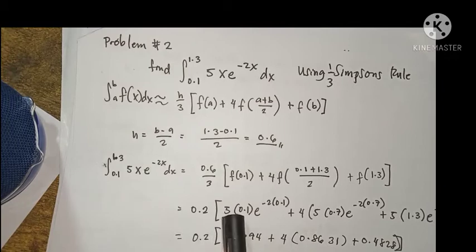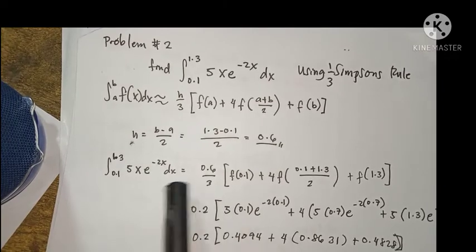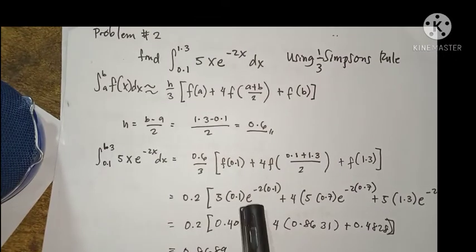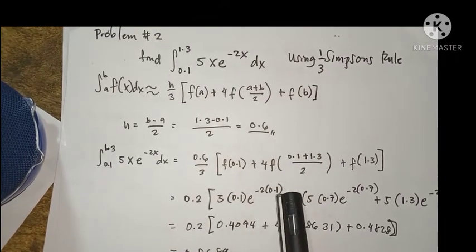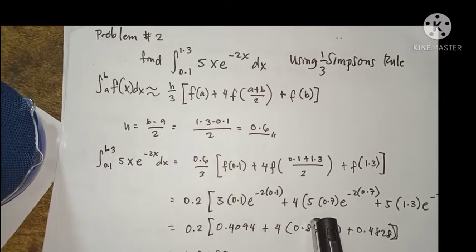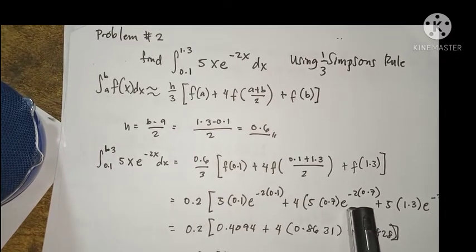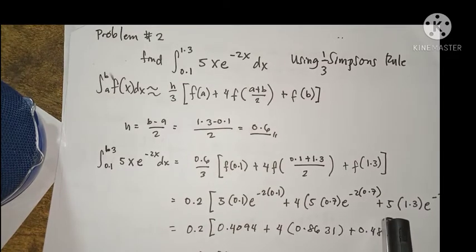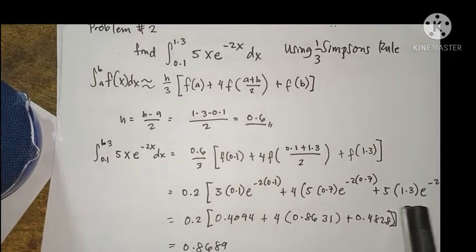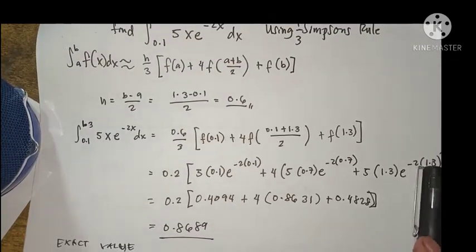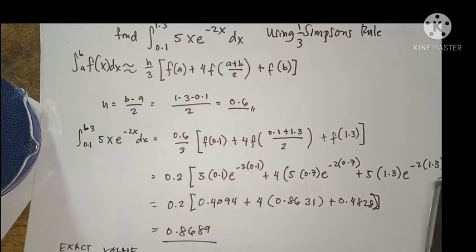Then substitute the values into 5xe raised to negative 2x: plus 4 times 5 times 0.7 e raised to negative 2 times 0.7, plus 5 times 1.3 e raised to negative 2 times 1.3.